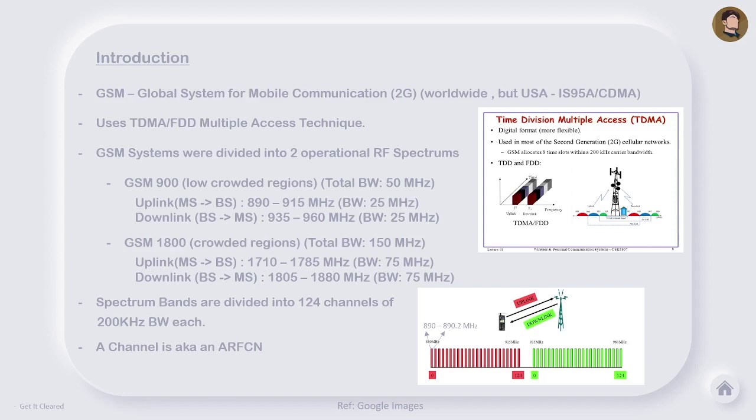The majority of countries in the world use a multiple access technique called TDMA FDD. So the name GSM itself represents that the system uses TDMA and FDD as its multiple access technique, because, as I already said, every generation uses some kind of multiplexing technique.